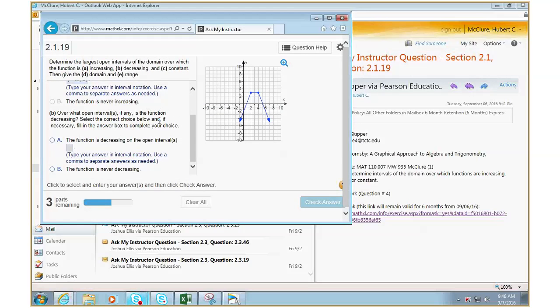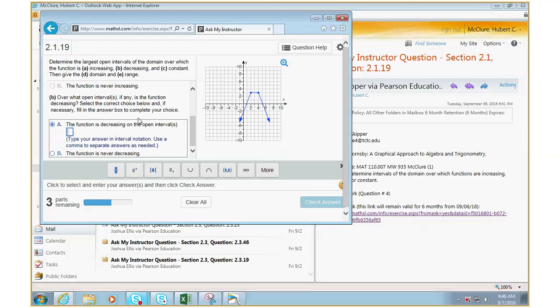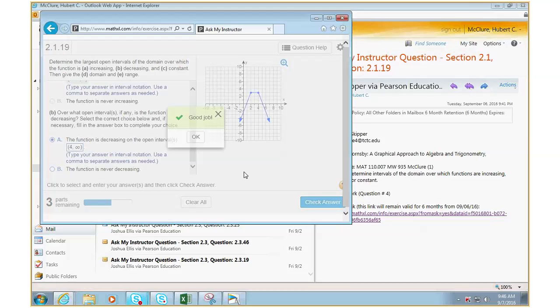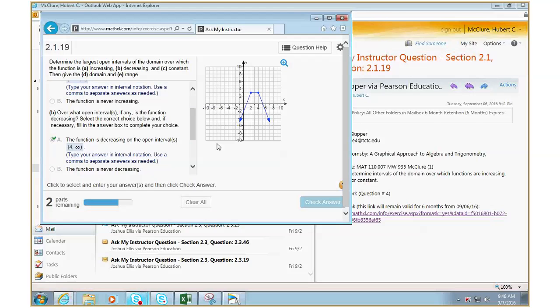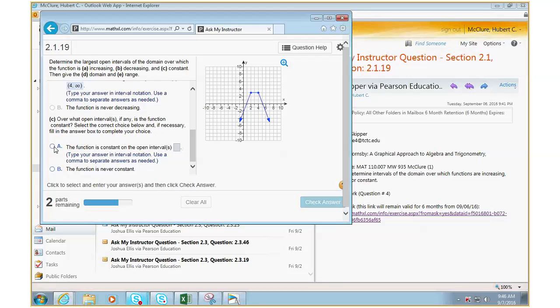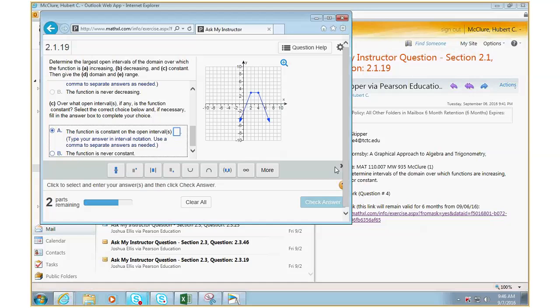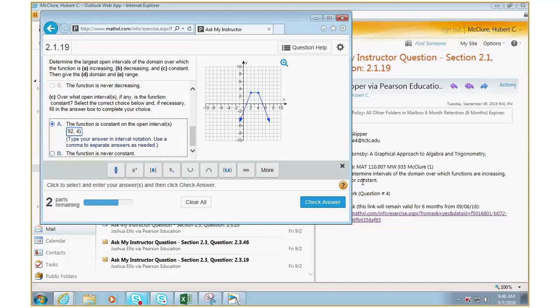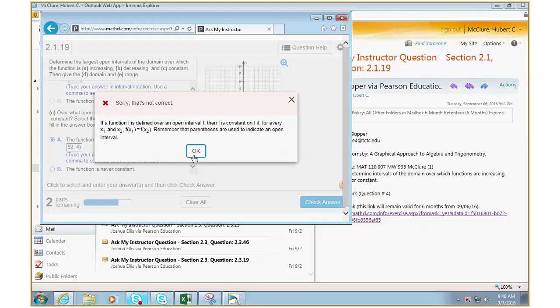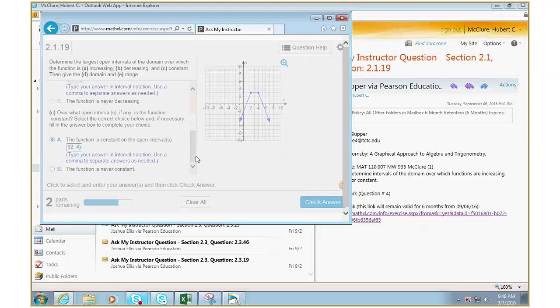And then the function is decreasing from 4 to infinity. And then it's constant from 2 to what, 4? Parentheses.